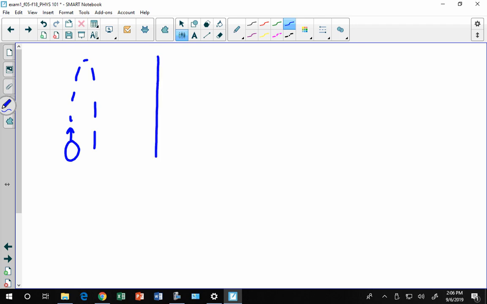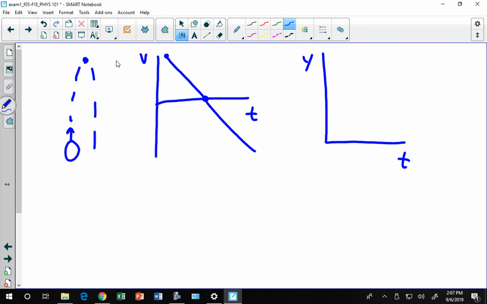The v versus t graph, big positive velocity, goes to 0 at the top right here, and then goes in the negative direction. And then the y versus t, what's the y? It's always a positive y. Starts out with a big slope, goes to a 0 slope, ends up with a big negative slope, so it's going to look like this. It's an inverted parabola.